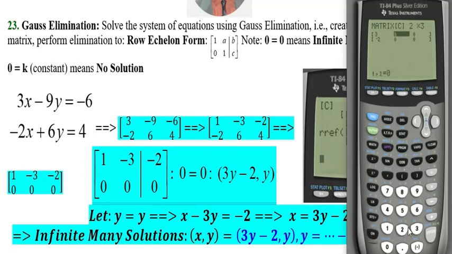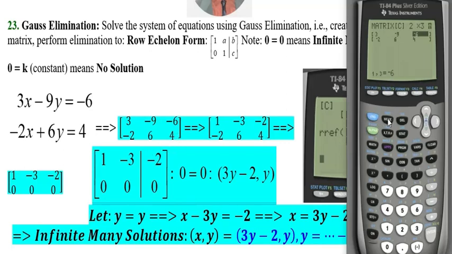For Y we have minus 9, 6, augmented with minus 6, 4. Again, let's make sure our entries are correct. 3, minus 2, minus 9, 6, minus 6, 4.